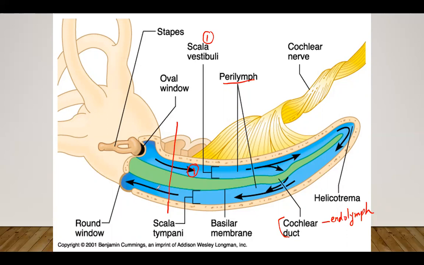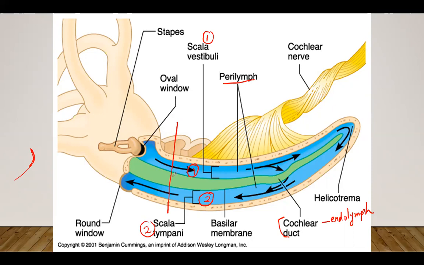So this is a street that's coming back that ends toward the tympanic membrane, which would be somewhere here. That's your tympanic membrane. So this area on the bottom, which is still filled with perilymph, is the continuation of your Scala Vestibuli called the Scala Tympani. Again, if I ask what fluid it is filled with, your answer should be perilymph.